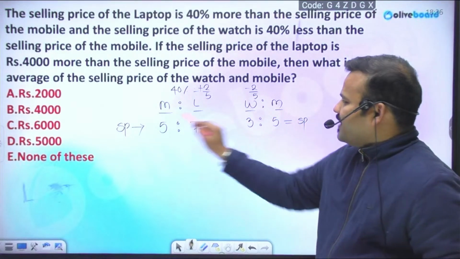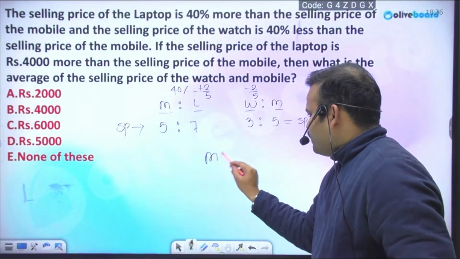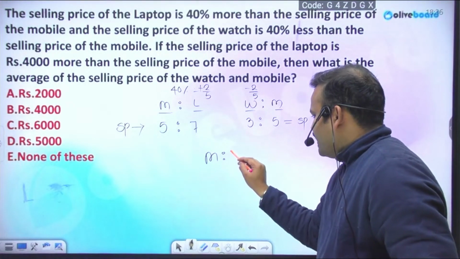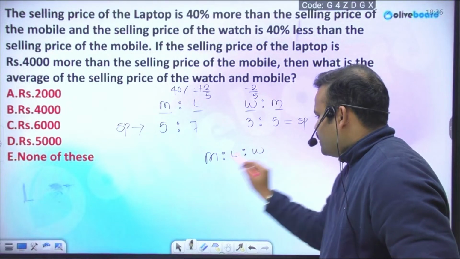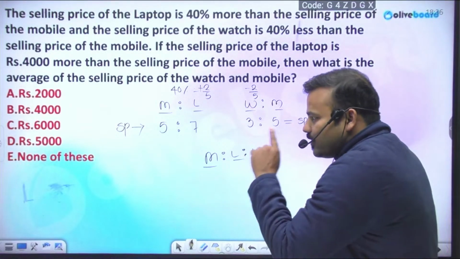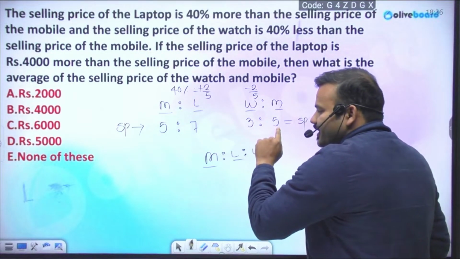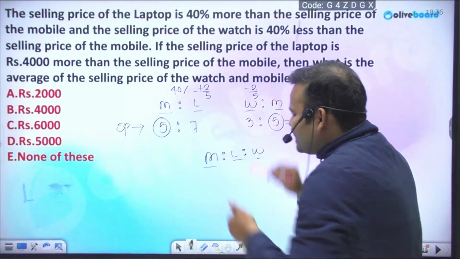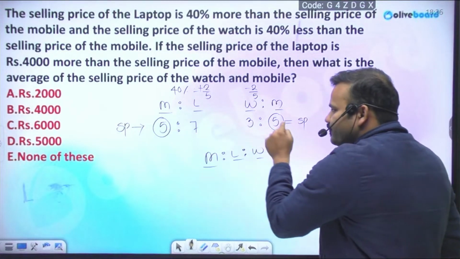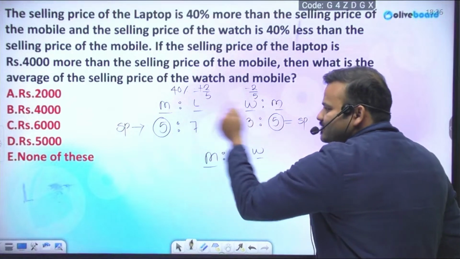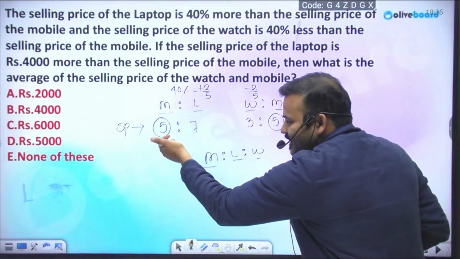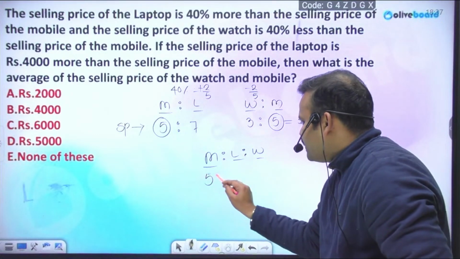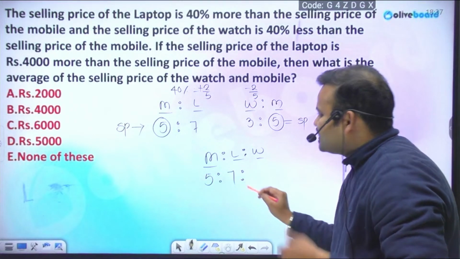We have mobile on both sides, so the ratio of mobile, laptop to that of watch will be, the value of mobile has to be the same. It is by chance that both 5 and 5 are equal. If this would have been 5 and this would have been 4, I would have made this 20. Make the selling price of mobile equal, which is already equal, so this is 5, this is 7, and this is 3.